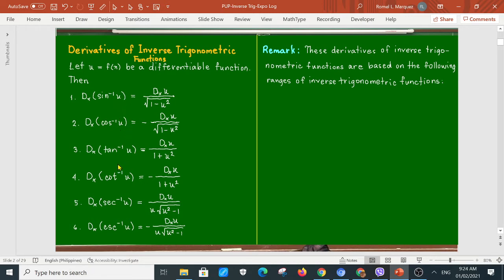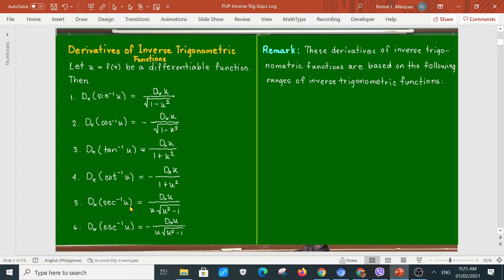If you think of them as real numbers, they are directed lengths of arc on a unit circle. Then the derivative of inverse cosine u is equal to negative derivative of u over the square root of 1 minus u squared. Everything is with respect to x. The derivative of inverse tangent u is equal to derivative of u over 1 plus u squared. The derivative of inverse cotangent u is negative derivative of u with respect to x over 1 plus u squared.